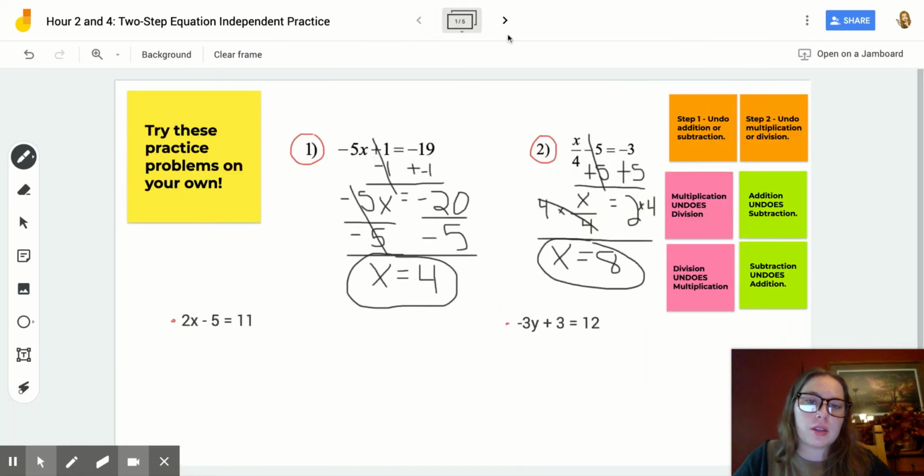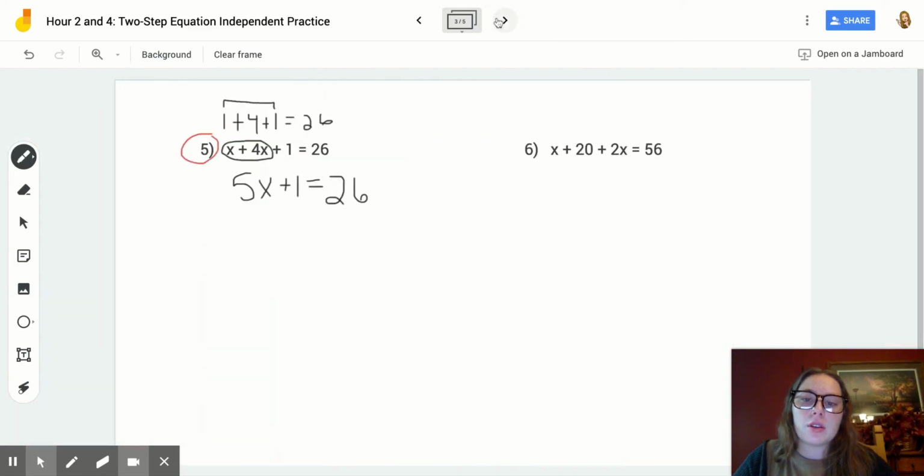So now, remember, step 1 is to undo addition or subtraction. So here we have addition, adding 1. So we're going to undo that by subtracting 1 from both sides. So 1 minus 1 is 0, and that cancels out. And then 26 minus 1 is 25.